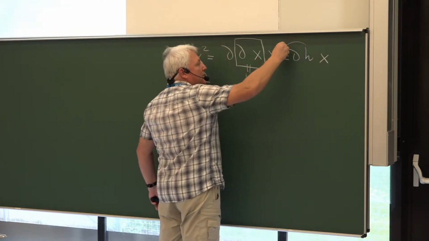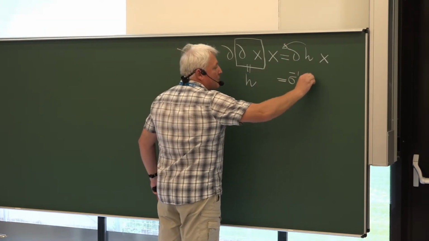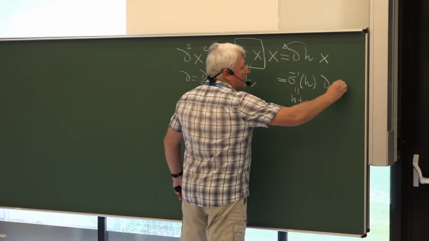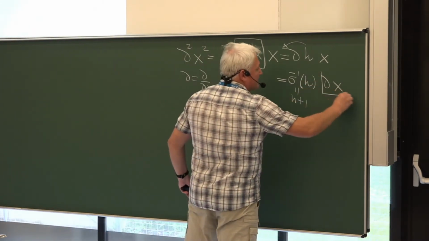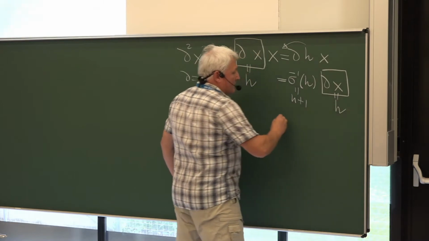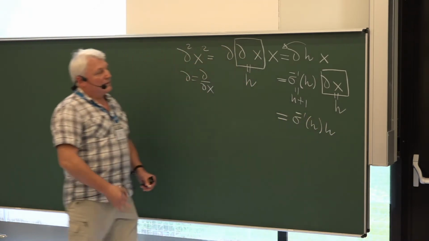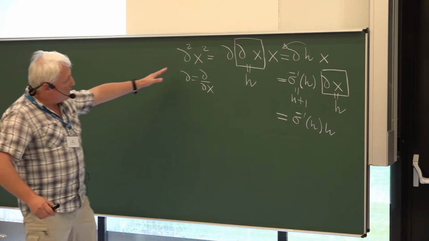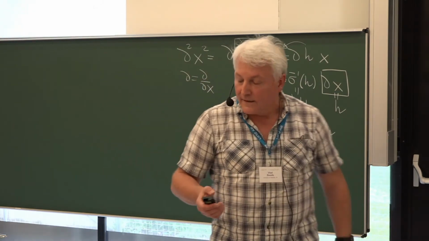When you move it, it's twisted by sigma minus 1, which is h plus 1. And you have dx, but dx is h. So you have simply sigma minus 1 of h, and that's it. This explains why it's much easier to make computations for generalized Weyl algebras than for rings of differential operators, because you get the answer straight away.